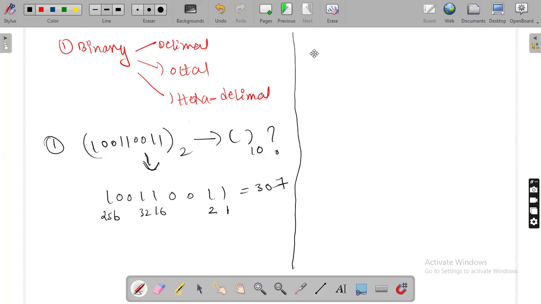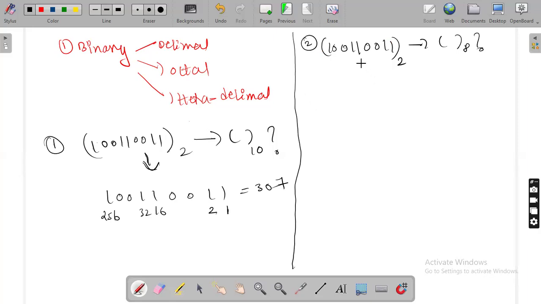Now the same binary, 1 0 0 1 1 0 0 1 1, into octal. Before converting, what is the style of octal? I already told you, for writing the binary, each digit represents 3 bits.